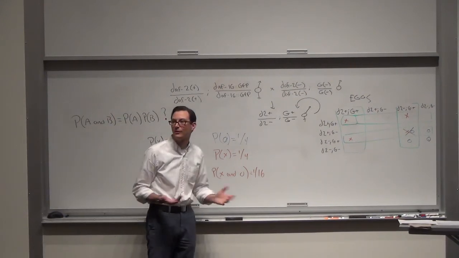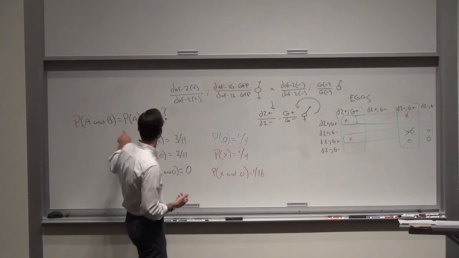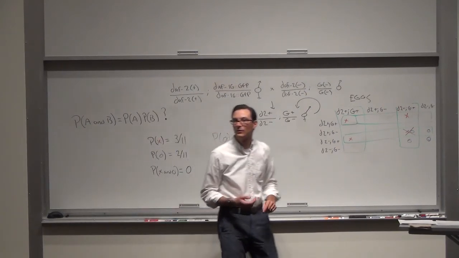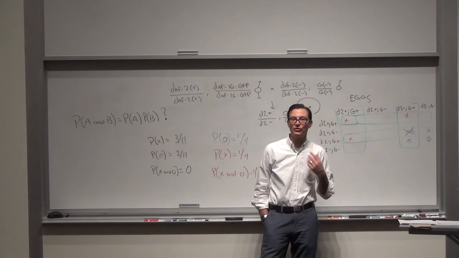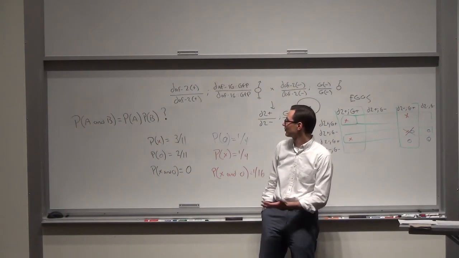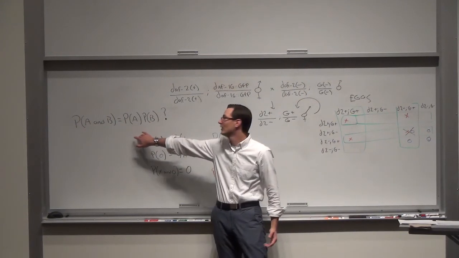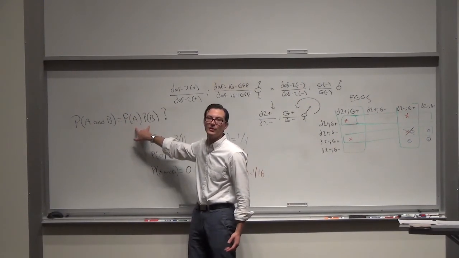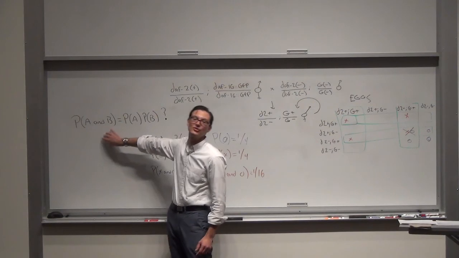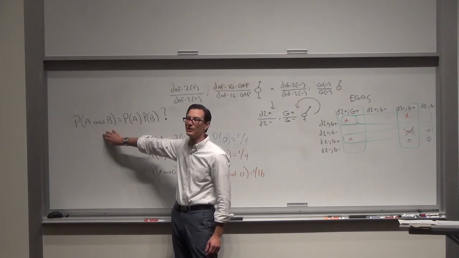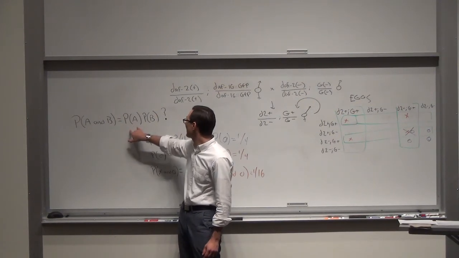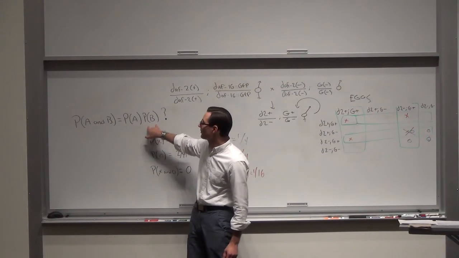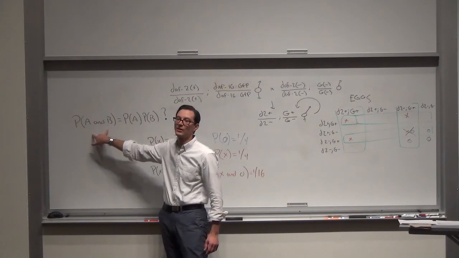So what happened? Why didn't our simple rule work? This is a fundamental concept in statistics called independence. This rule only works if A and B are independent. In fact, this is the definition of A and B being independent: that the probability of A multiplied by the probability of B is the same thing as getting both of them together.